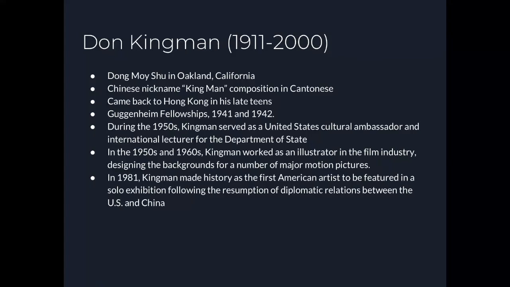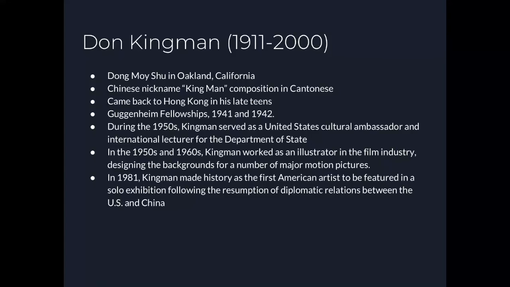So instead of staying in the U.S., they usually go back and finish their school, and then they come back as a young man. So they have both cultural exposures. He was working in the Department of State in the 1950s and 60s.